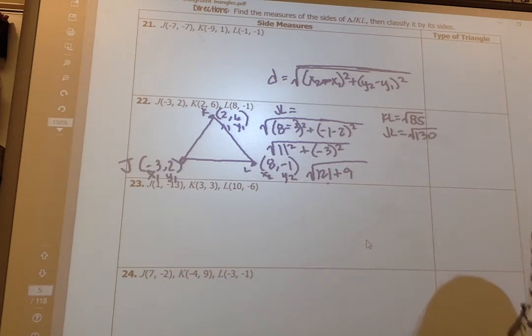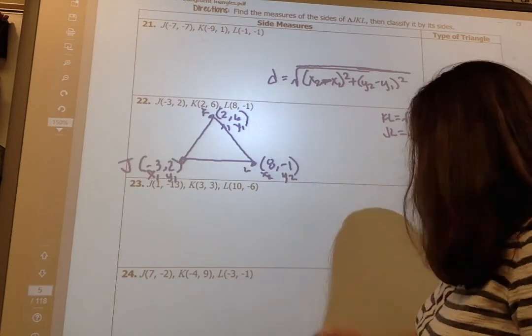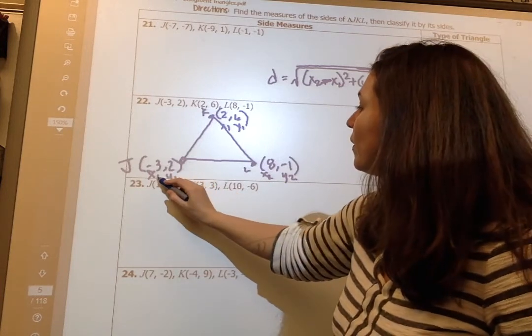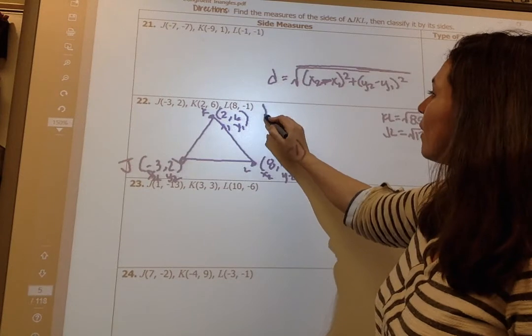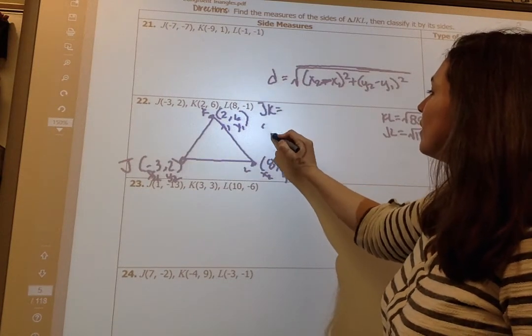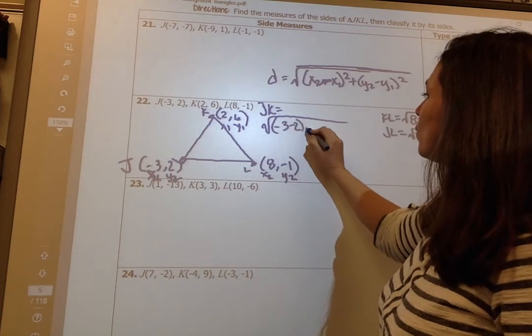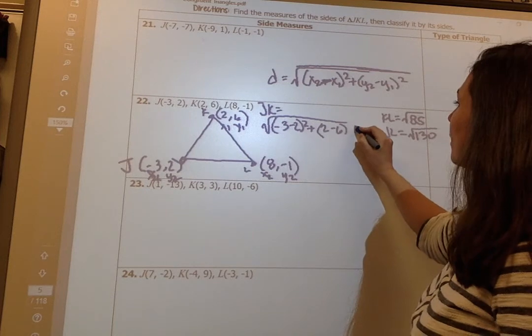Okay? And the last distance that we're going to find is here. And I'm going to call this one x2, y2. And I'll keep that x1, y1. So now JK is going to be -3 minus 2 squared plus 2 minus 6 squared.